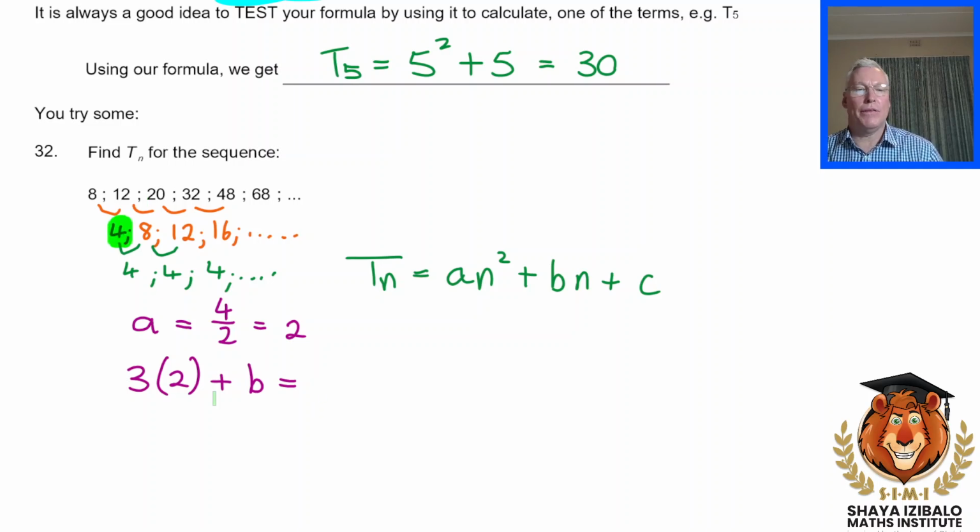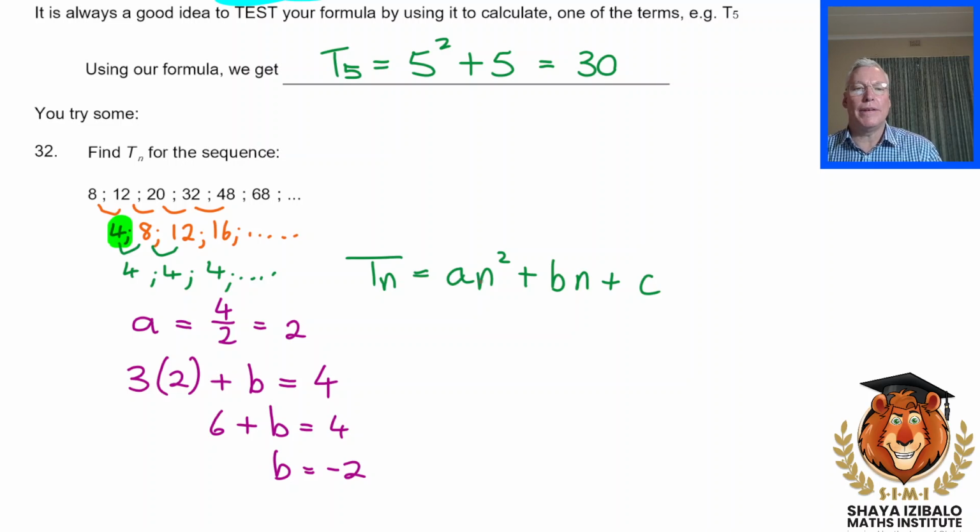So 3 lots of A plus B is 4. How many variables are left in here? Just one. All right, 6 plus B is 4. Subtract 6 from both sides. 6 plus B equals 4. B equals negative 2. All right, now we know A, we know B.